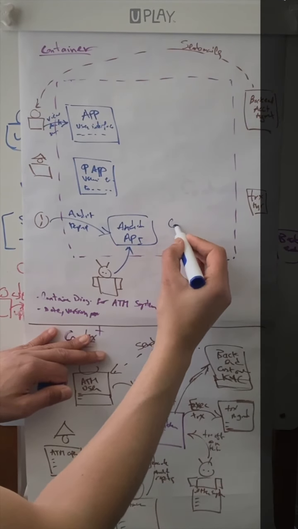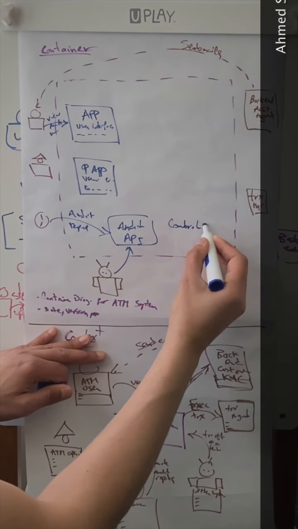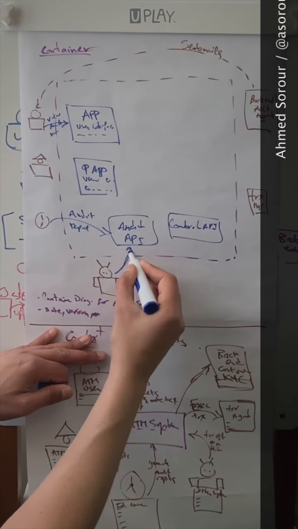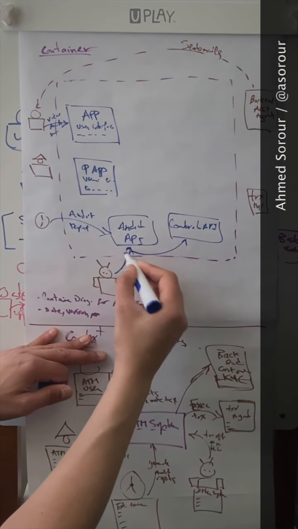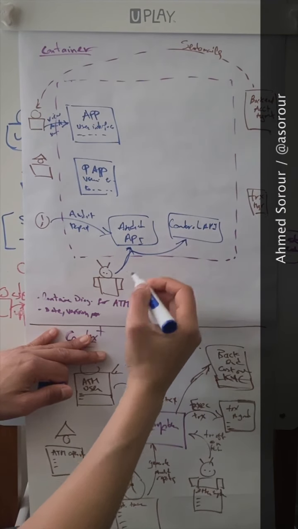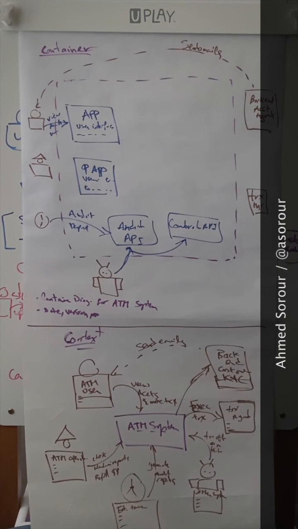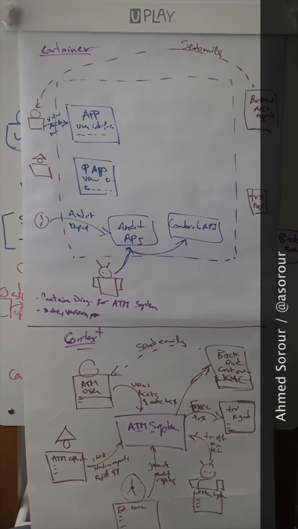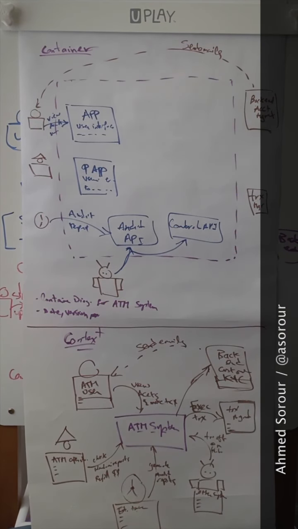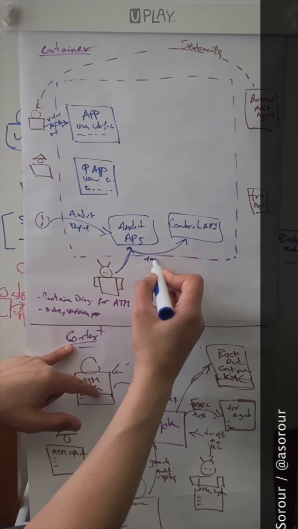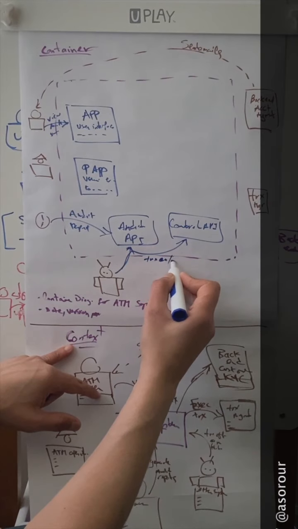So here, control API, and this is if I want to turn on or off the machine or disable some features, like stop accepting deposit for whatever reason, or dispensing money. So this is turn on, off.